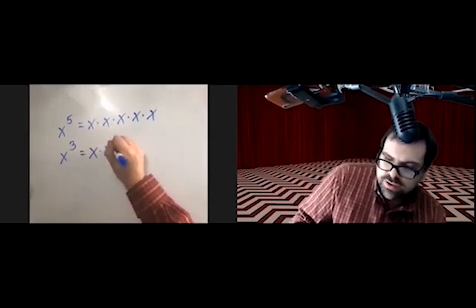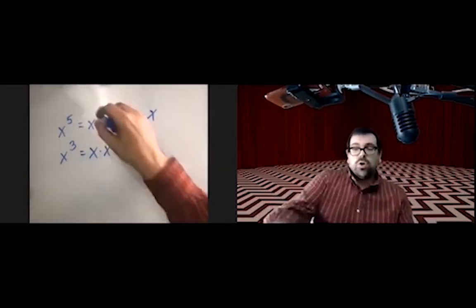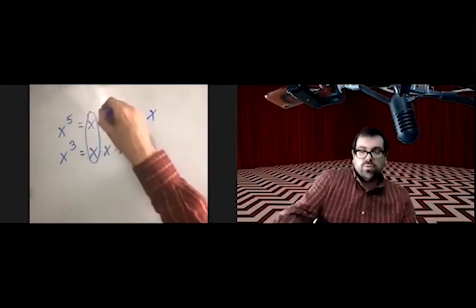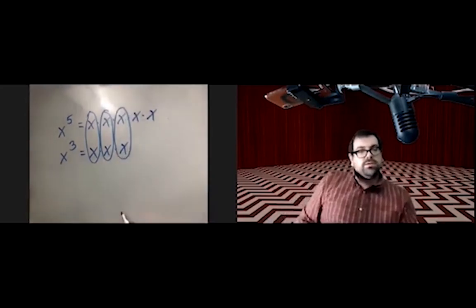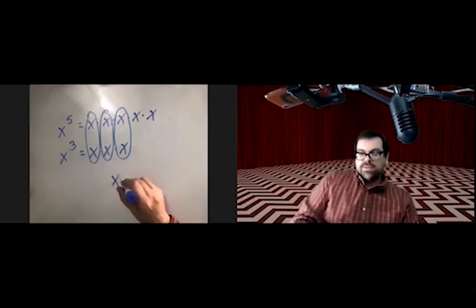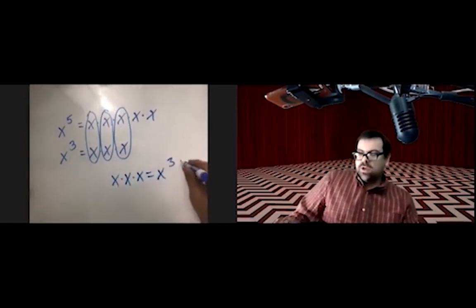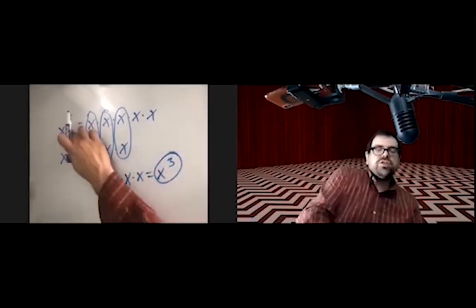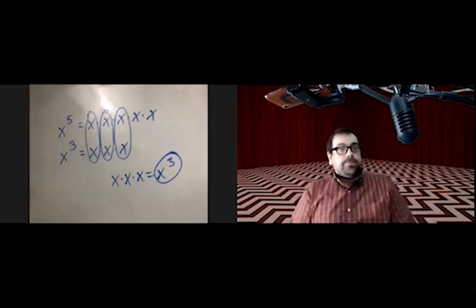X cubed is x times x times x. What's in common? 1, 2, 3 x's. X times x times x is x cubed. So x cubed would be the GCF of x to the 5th and x cubed.